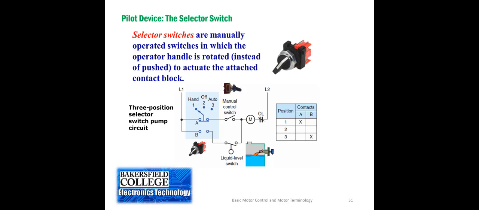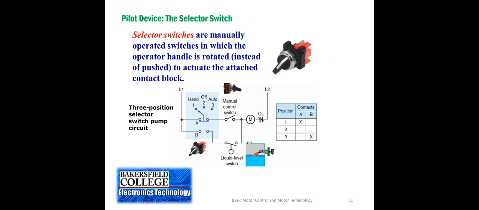Sometimes, like in this one, when you put it on hand operation, it'll have another switch that allows you to activate the circuit. So it would be for testing purposes, or if you needed to run the circuit for a little bit to change a certain condition, then you would have it on the hand position.